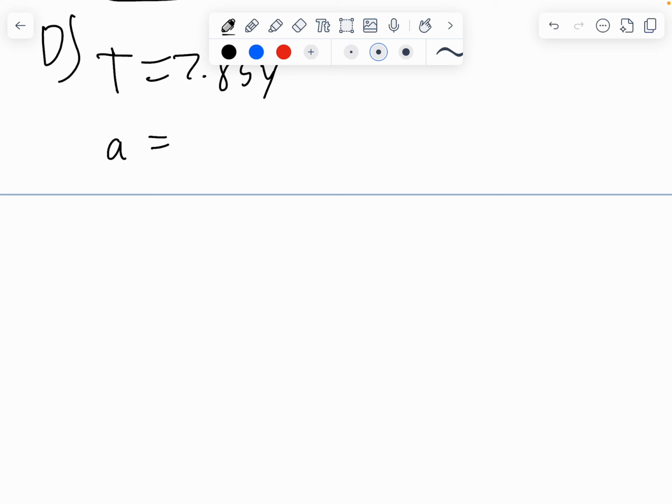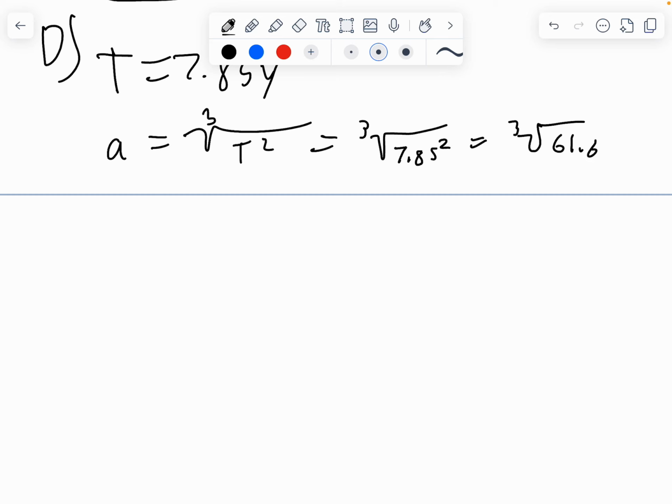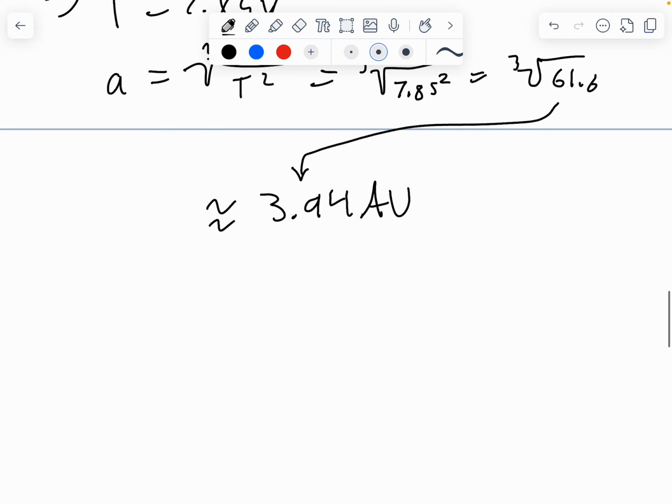So that would be A equals the cube root of T squared, which would equal 3.94.